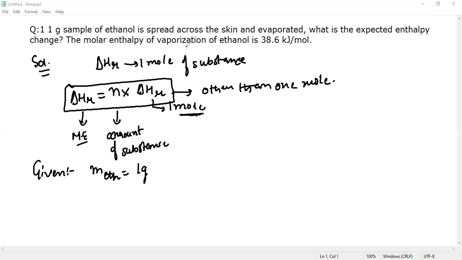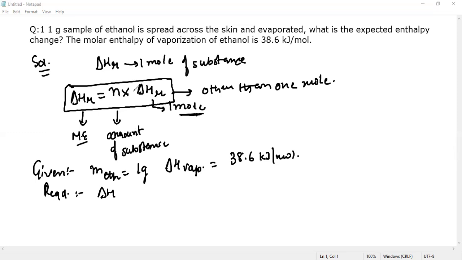This is molar enthalpy, for 1 mole of ethanol, so I will write delta H vaporization. This R can be replaced depending upon the type of reaction. We did this last time and showed you many examples also. Delta H vaporization is equal to 38.6 kilojoules per mole. And what is required in this question is delta H.